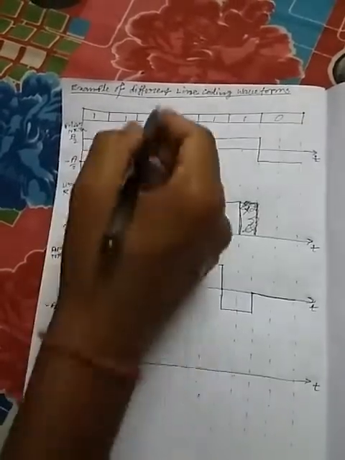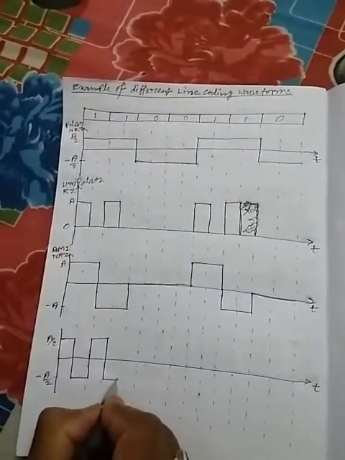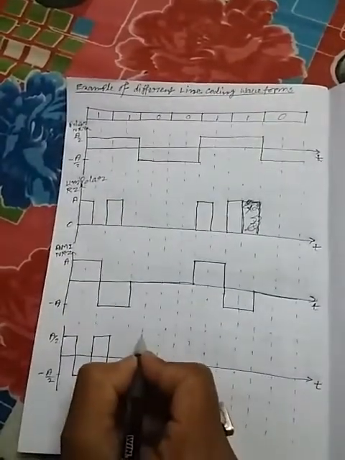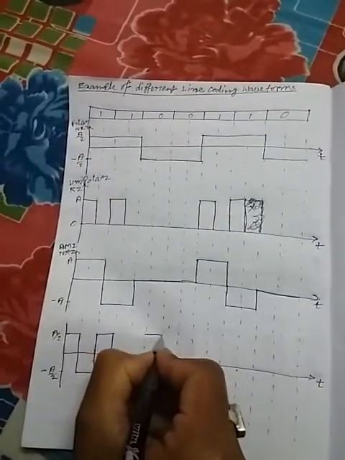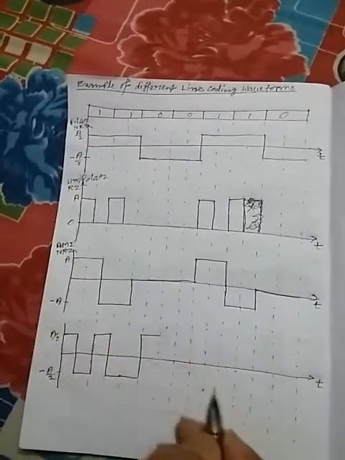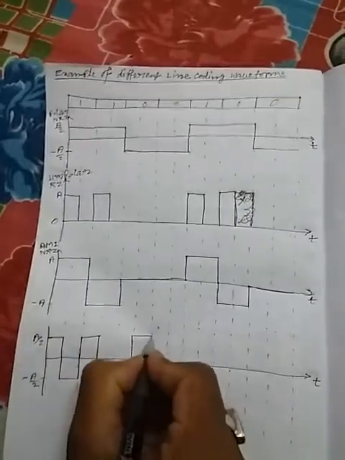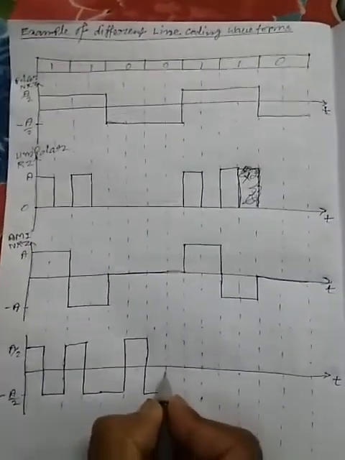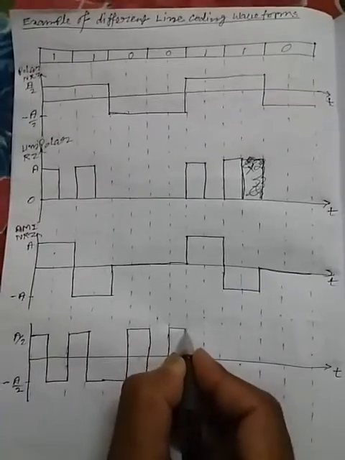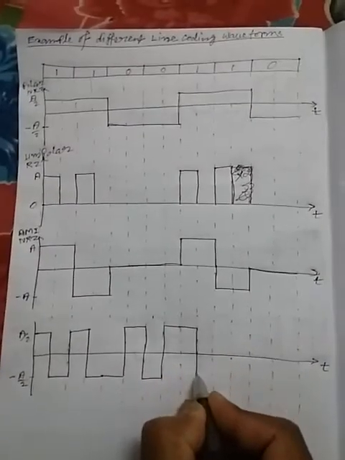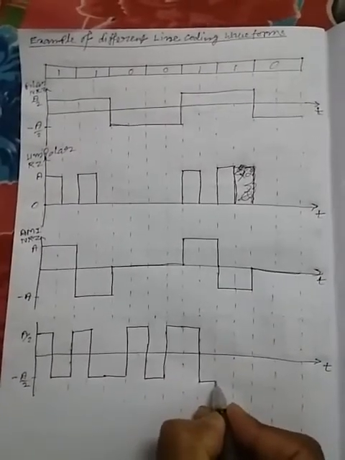Now the next bit is 0, so it will continue up to here in the next half of the bit and positive will be here. This is positive A by 2. Now again it starts from minus A by 2 to plus A by 2. Now the next bit is 1, so it continues up to here and it will be minus A by 2.